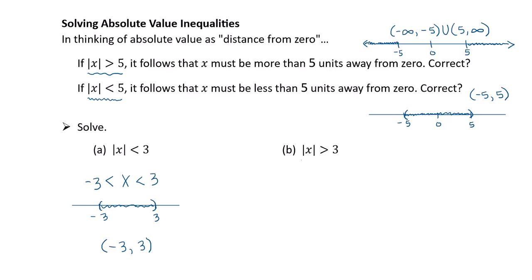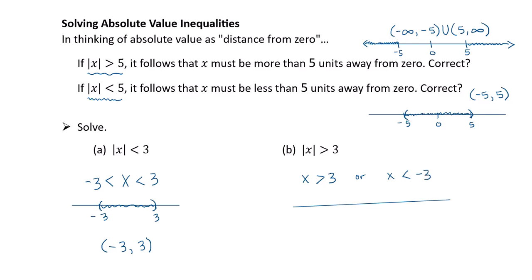With absolute value of x greater than 3, I know that the distance that our x is away from 0 must be more than 3. In other words, x must be greater than 3, or x must be less than -3.